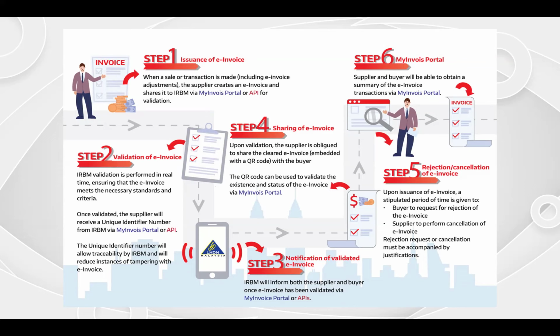Then someone will ask, how is the 72 hours counted? Do holidays or weekends still fall under the 72 hours? Let's say on Friday you submit the e-invoice to the MyInvoice portal, then the clock starts ticking once you have submitted.